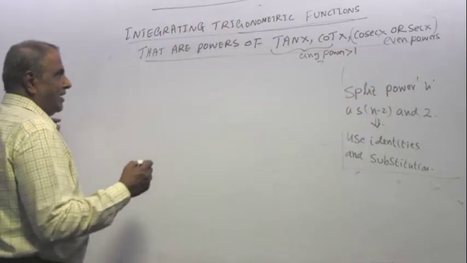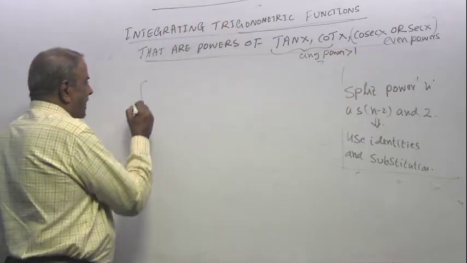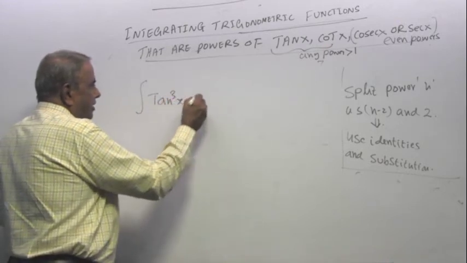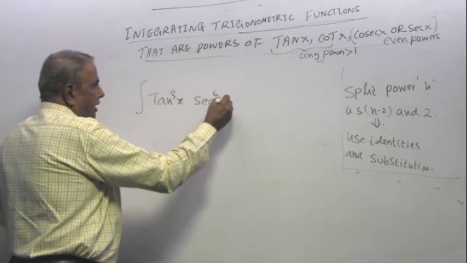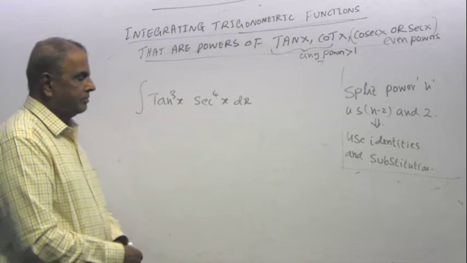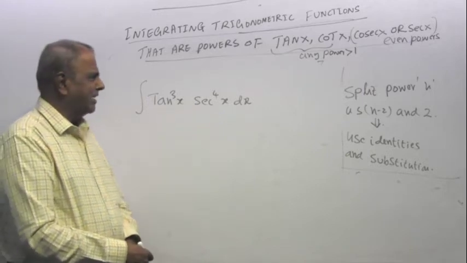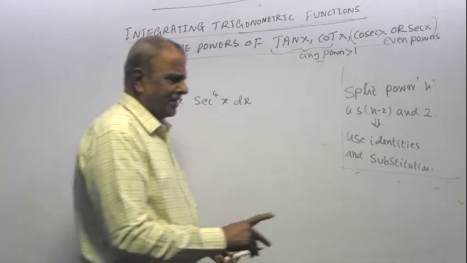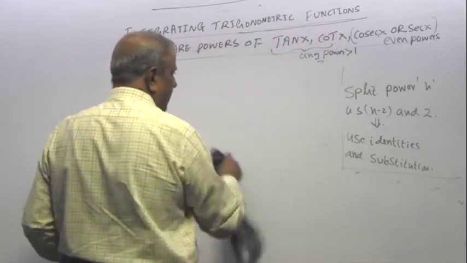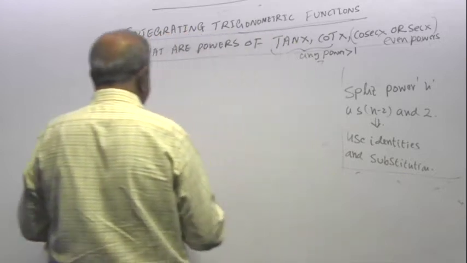Okay. So suppose I have the integral of tan cube x sec power 4x dx. No, should I take that? No. This is again, I'll have to go into the realms of even and odd and so on.